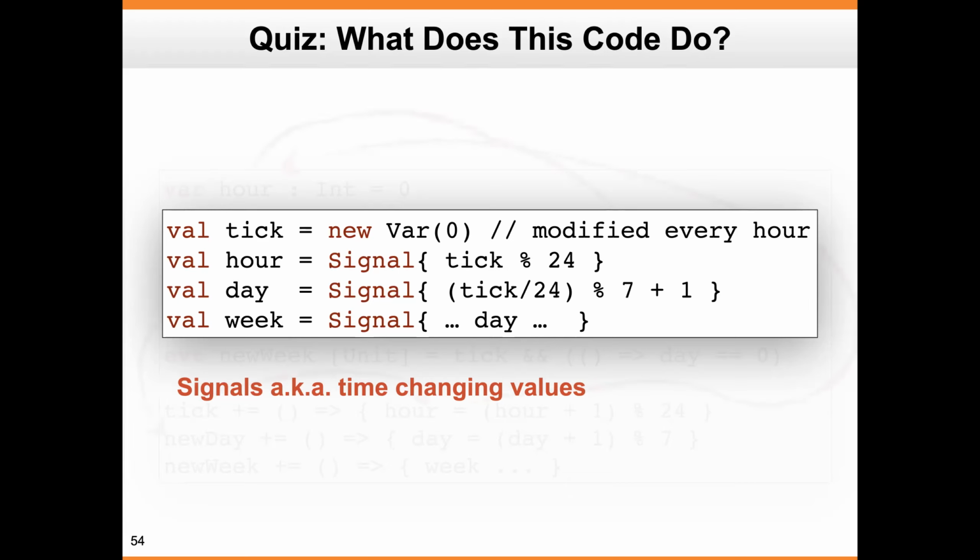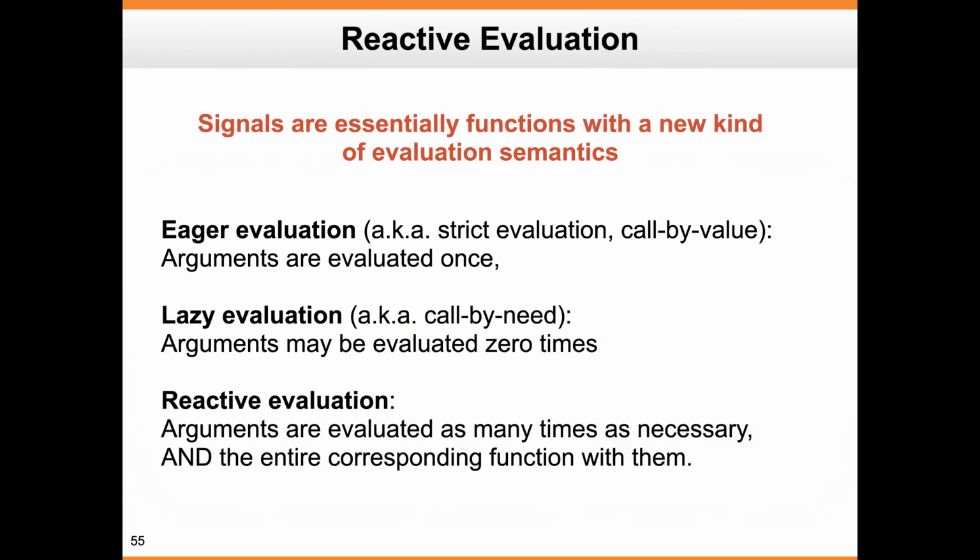So you could think of these signals essentially as functions with a new kind of evaluation semantics. We have talked about eager evaluation. We talked today a lot about lazy evaluation.